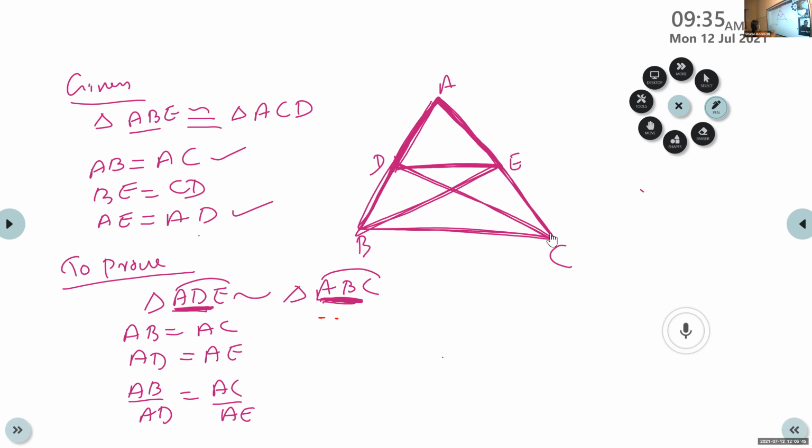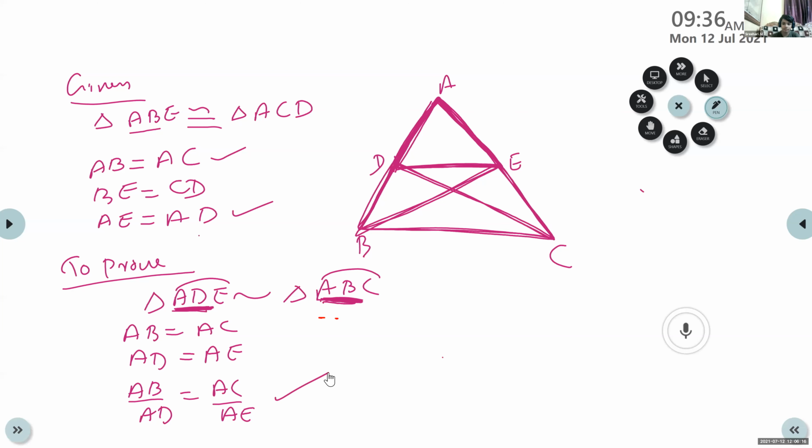We got two sides proportional. Look at the figure, ADE, ABC. Can you add anything? Go through all the similarity criteria. Can we apply AA, SSS, SAS? Two sides are proportional, you got.